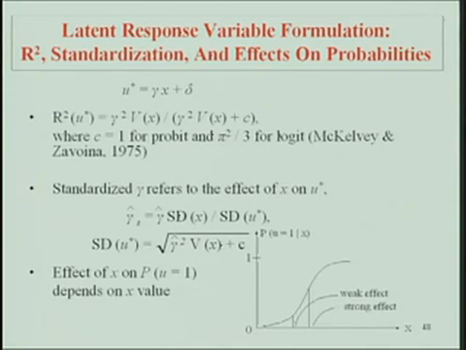We talk about standardized coefficients, first of all. Standardized slope gamma refers to the effect of X on U star. You know, it's standardized in the U star metric. So again, it's the raw coefficient gamma, estimated gamma hat, multiplied by the standard deviation of X and divided by the model estimated standard deviation of U star.